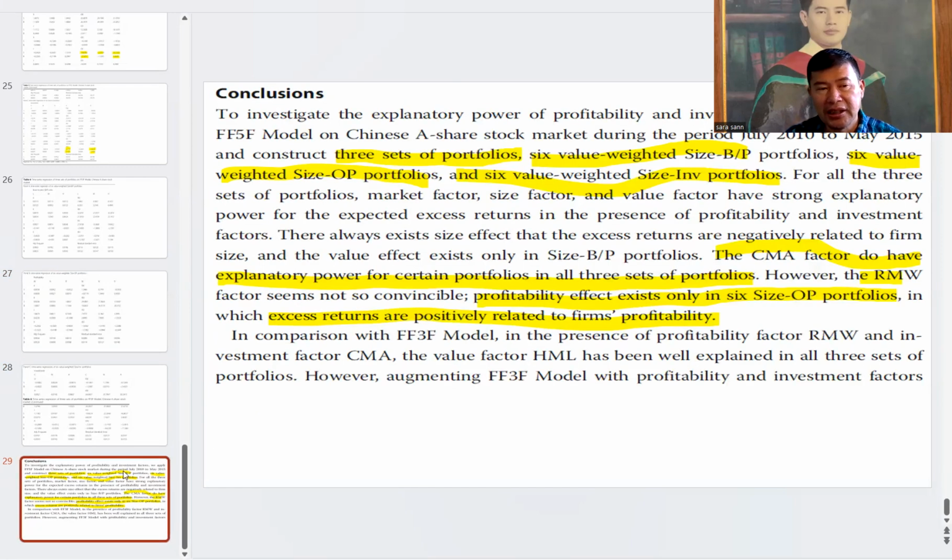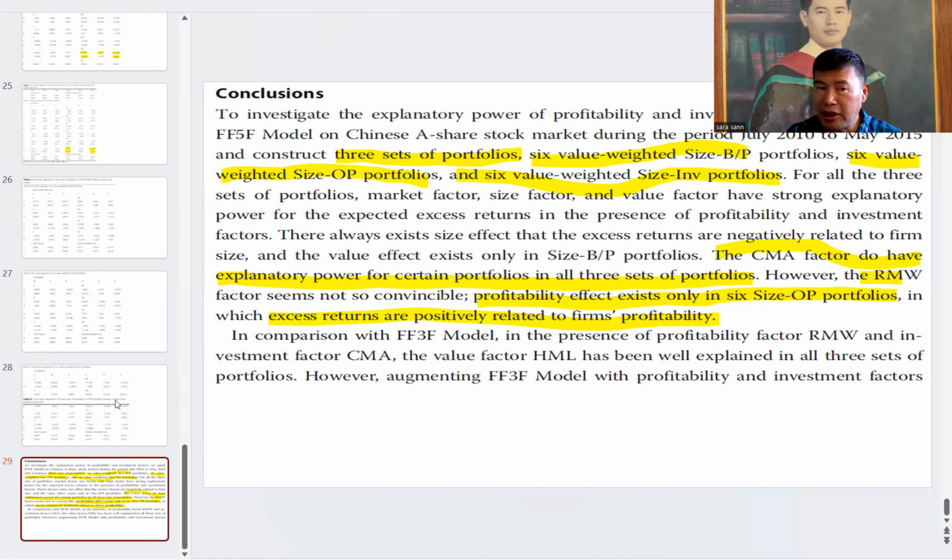Only 3 show in the result the RMW. Okay, the profitability effect exists only in the 6 size operating portfolio itself.